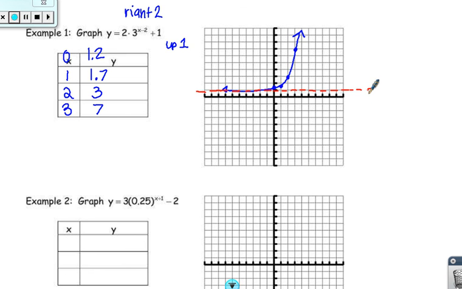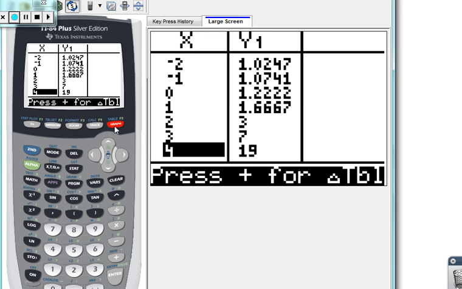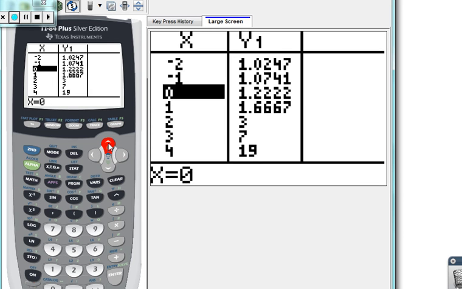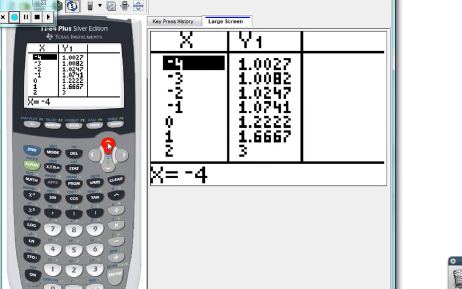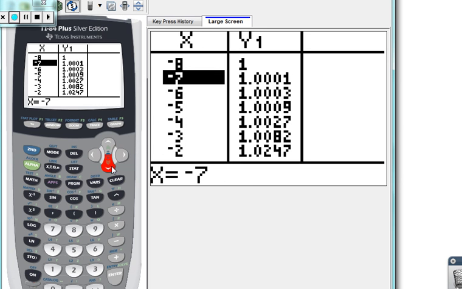It'll get really, really close to it, but it will never touch it. So in our table, see how if I keep going back in the negative direction, the numbers are still rounding, but I never hit 1. At -8, it looks like 1, but it's 0.0000 something. The calculator can't show you all those.